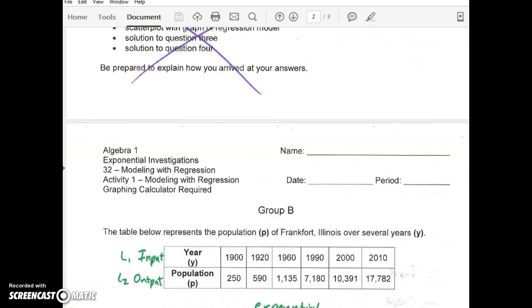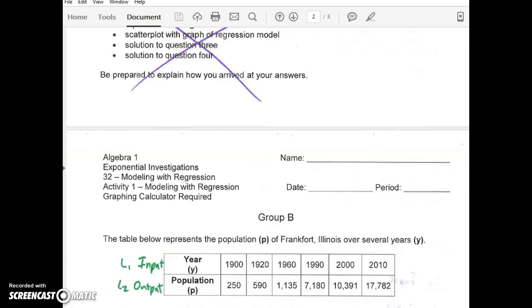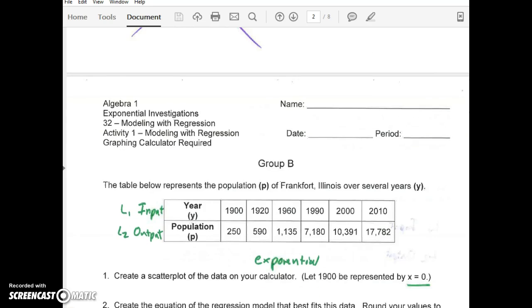In Model 2, we are going to take this data for the growth of the population of Frankfurt over several years. And this was a key piece of information in the prompt for number 1. It said let 1900 be represented by x equals 0. So that's kind of key here, that 0 for that year. So what that means then is we're going to have to change our inputs.